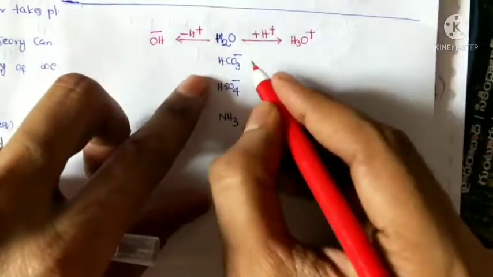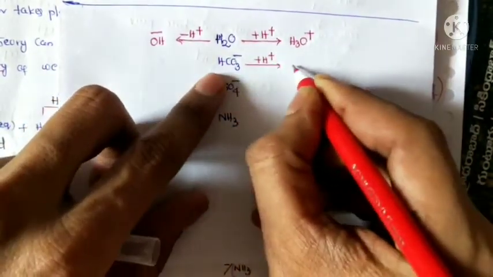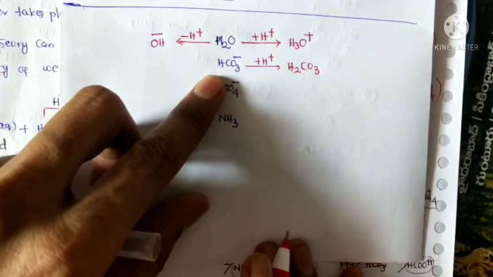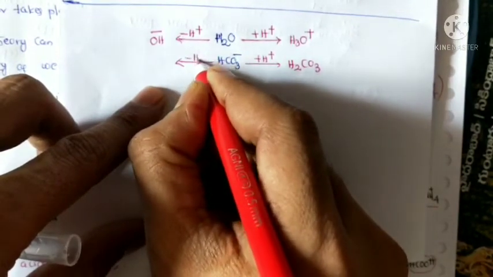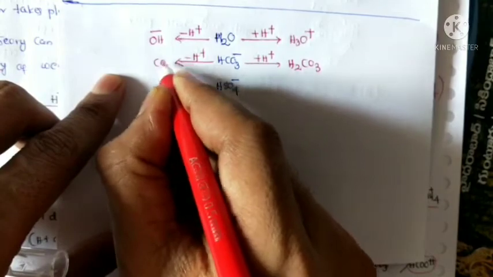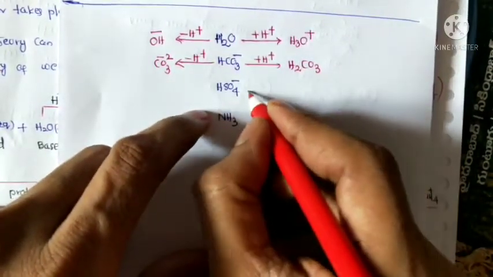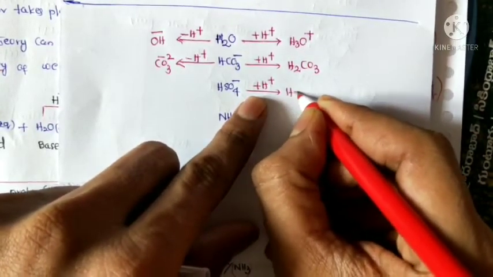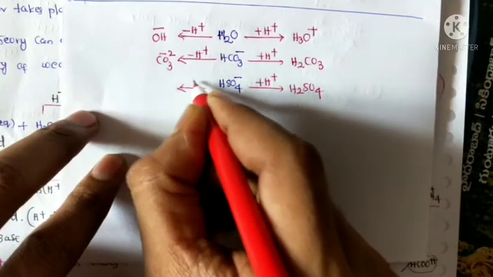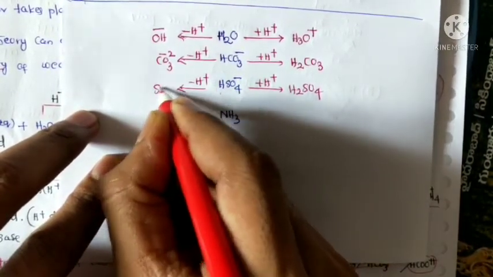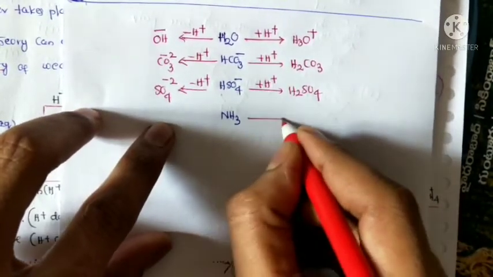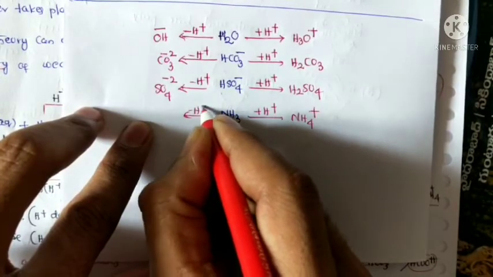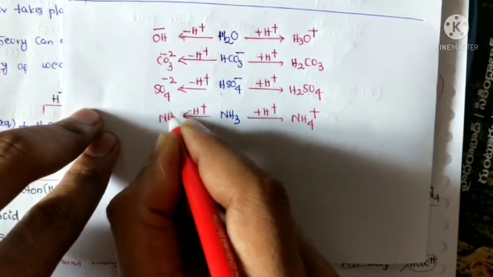Here also, by accepting an H plus ion, HCO3 minus adds one hydrogen and becomes H2CO3. By losing this proton, it is converted into CO3 2 minus. Adding one proton to bisulfate converts it into H2SO4. Losing one proton converts it into SO4 2 minus. Next, adding one proton to ammonia converts it into the ammonium ion. Losing one proton converts it into NH2 minus.